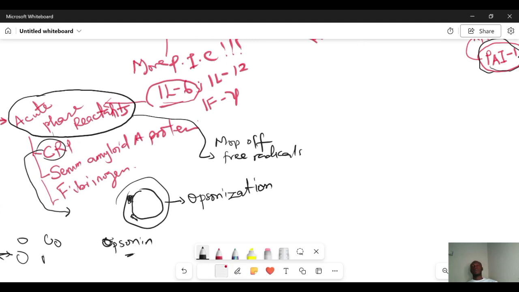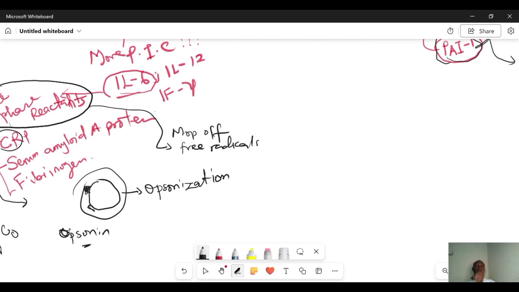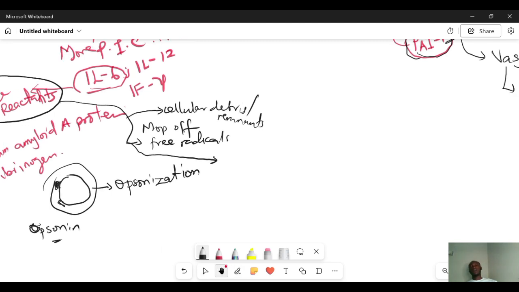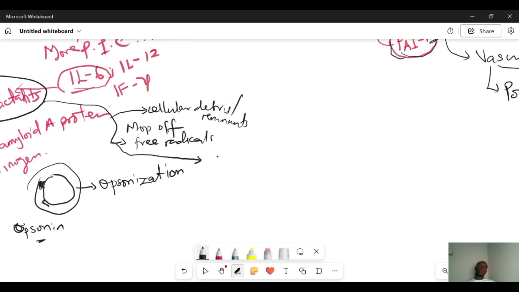They also remove cellular debris or remnants. Importantly, they activate the complement system.